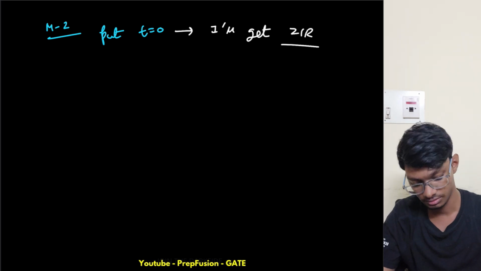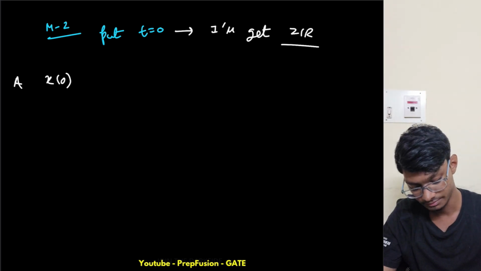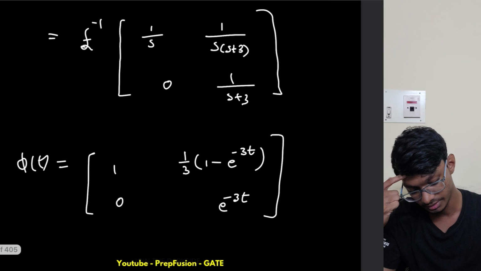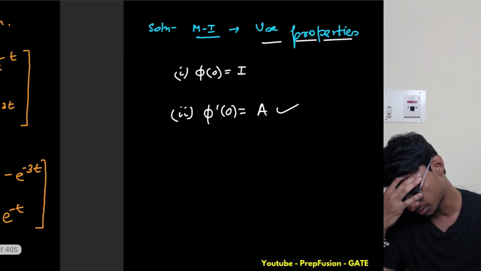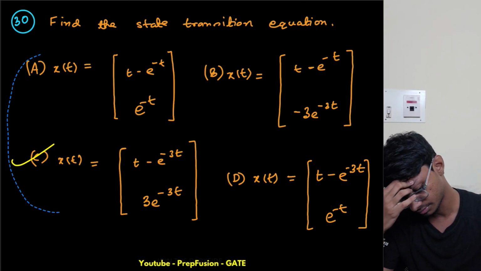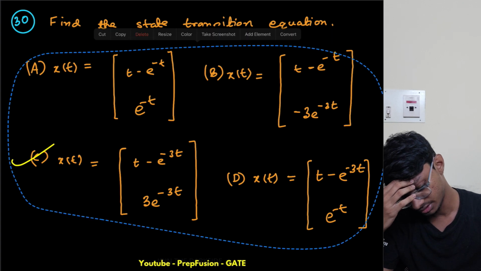So from the ZIR, what is my x of 0 for option A? The options are very far away, so I'll copy these options and replace them here only.